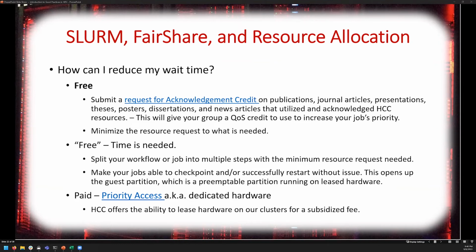There's the free version, which is submitting an acknowledgement request crediting us on your publications, articles, presentations, theses, and many more, where once you submit that, you get a quality of service credit, which is currently only available on Crane. Eventually, we'll probably get it over to Swan, and that can be used to increase your job's priority. You can also just minimize the resource request to what is needed if you already know that.